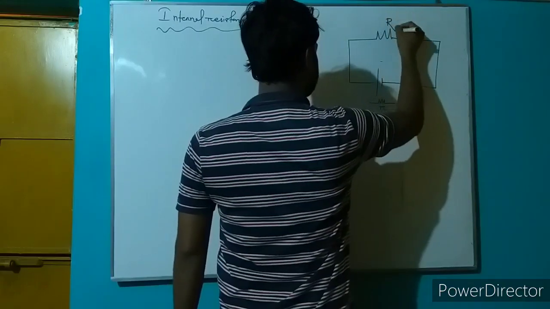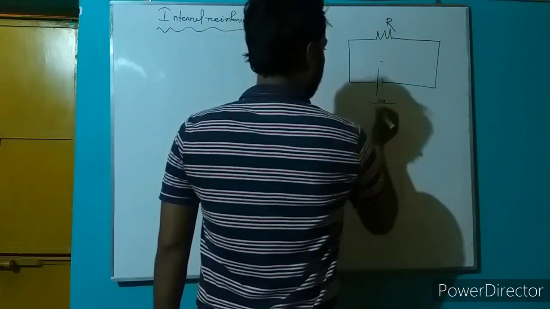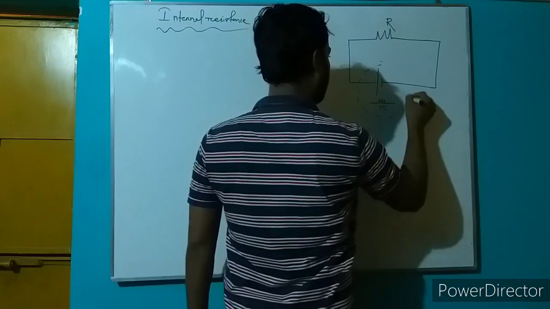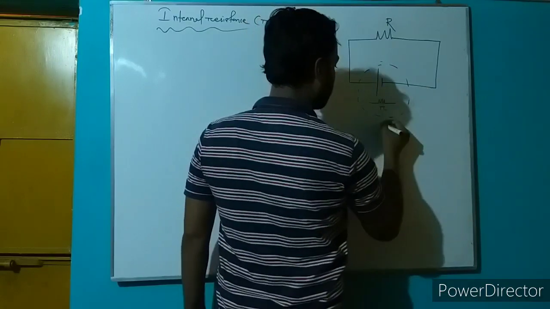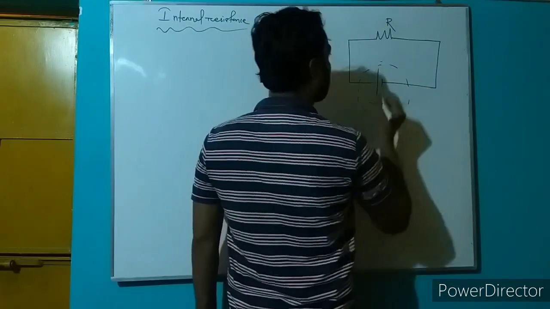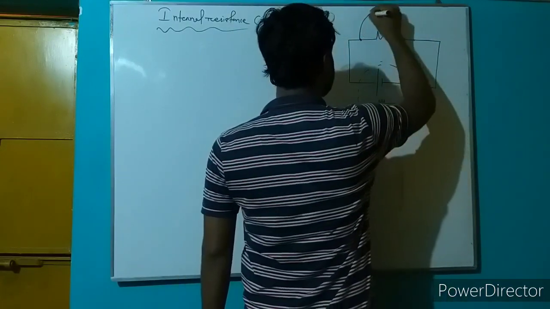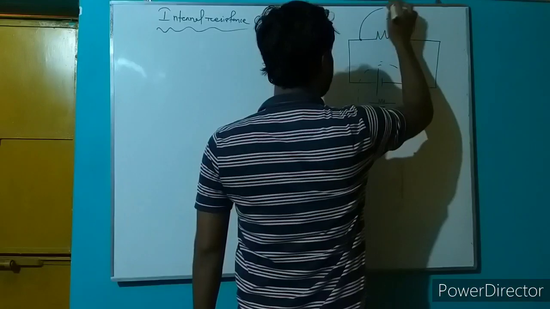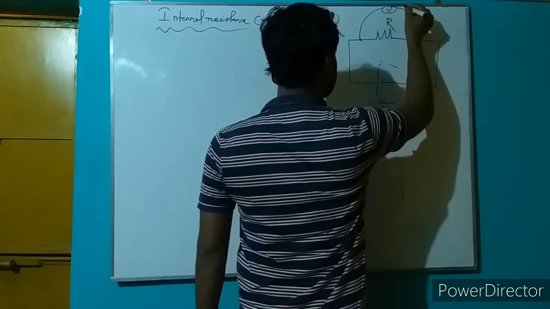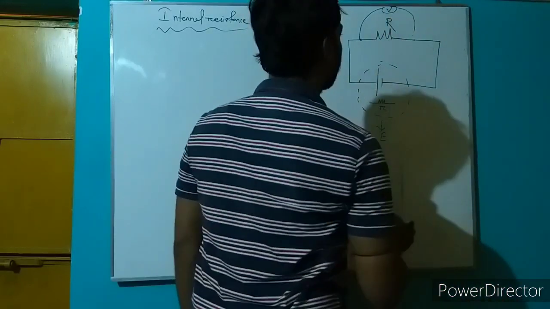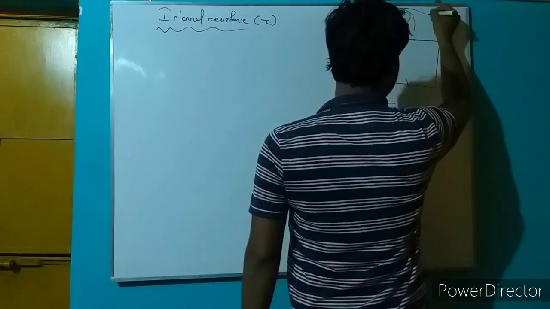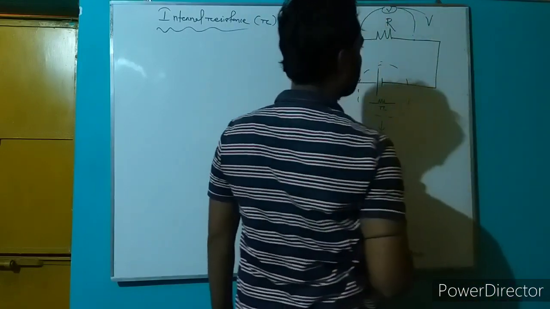That cell contains EMF E. There is a potential difference across the cell, and that potential difference is measured by the voltmeter, known as the terminal potential.